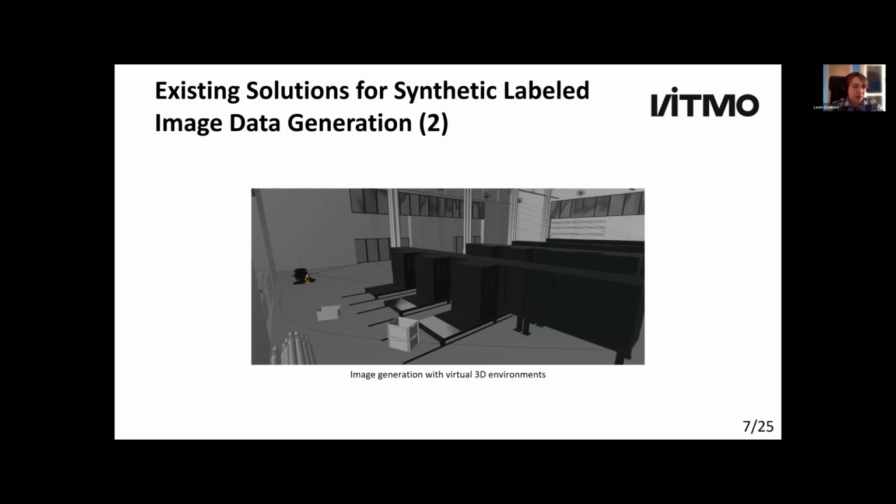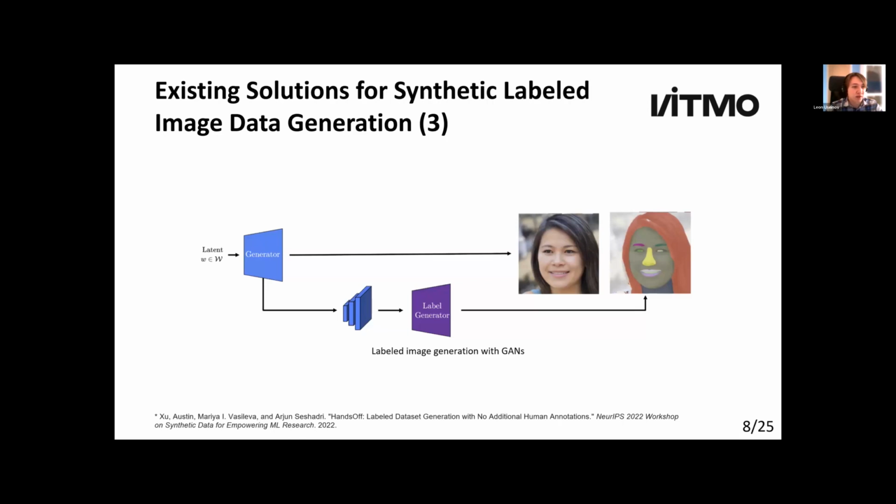But there are problems: it is very expensive to build such scenes in Blender, for example, or other software, because if we need a lot of different environments for our objects, it is very time consuming.